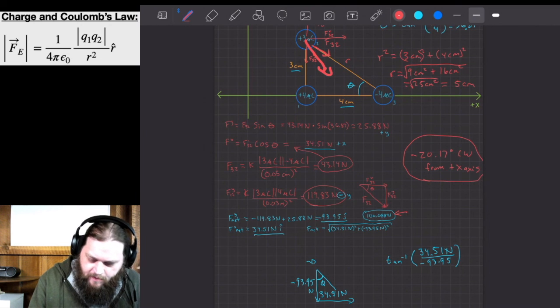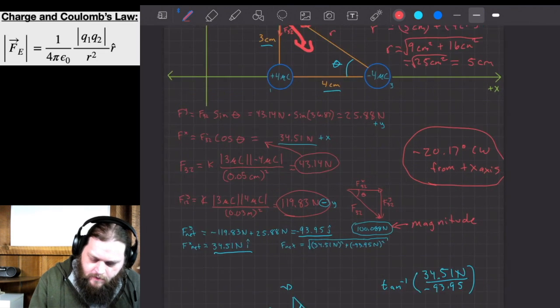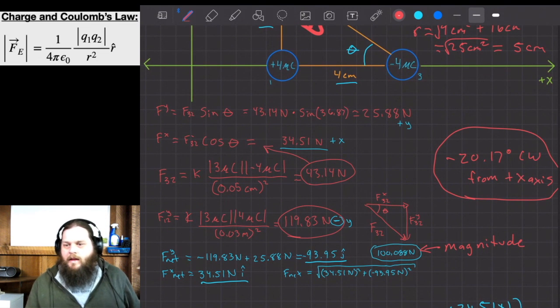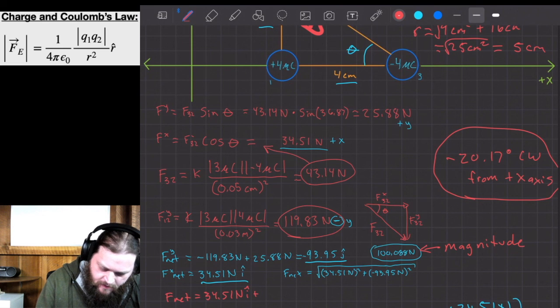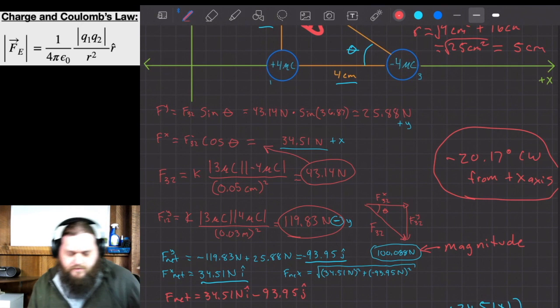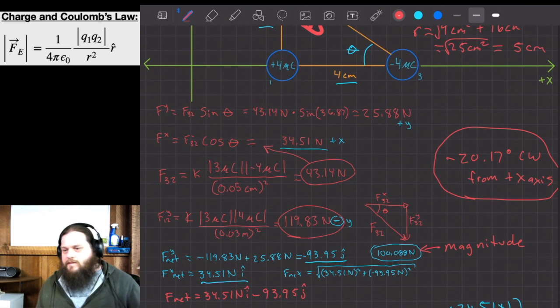With any vector, you need both. And we had them in vector format here. So you could say that the net force is equal to 34.51 newtons i hat plus, or I guess minus, to write it out in one statement, which I didn't do there. That gives you your vector components.